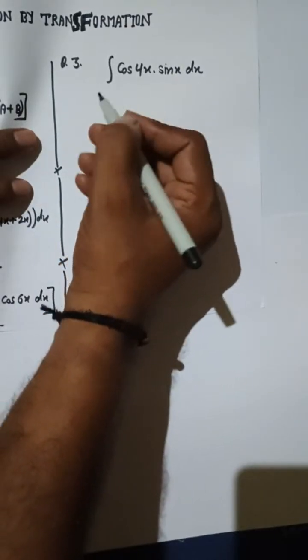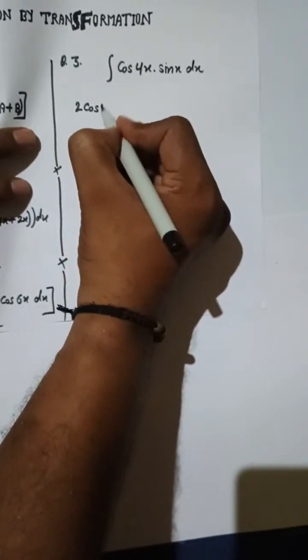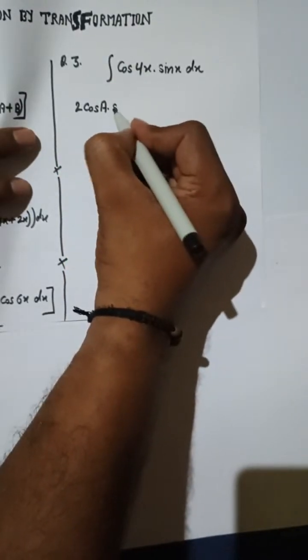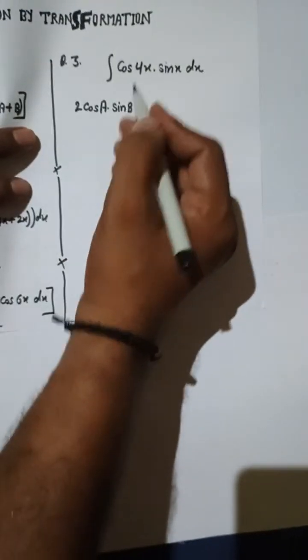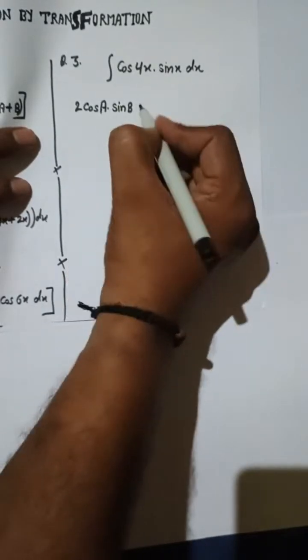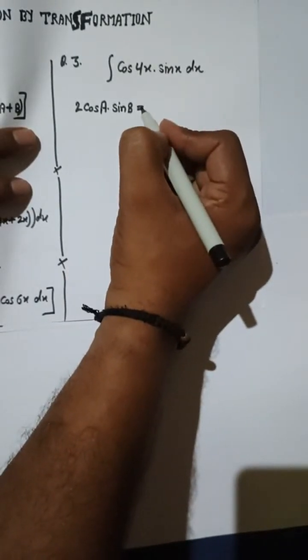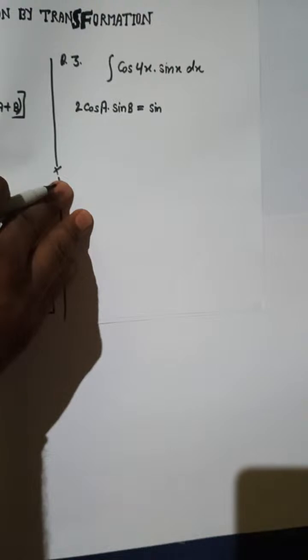So I'm taking this formula: 2 cos a into sine b. Here a is greater than b, 4x is greater than x, that's why I put this one. Both terms are sine, so I'm putting sine a plus b minus sine a minus b.